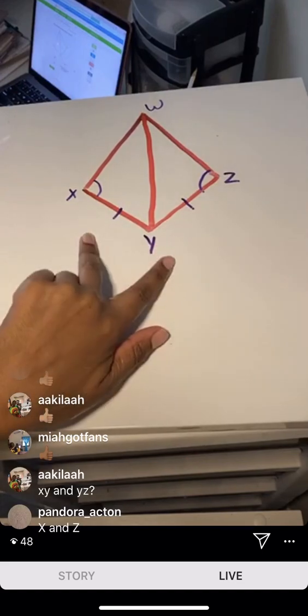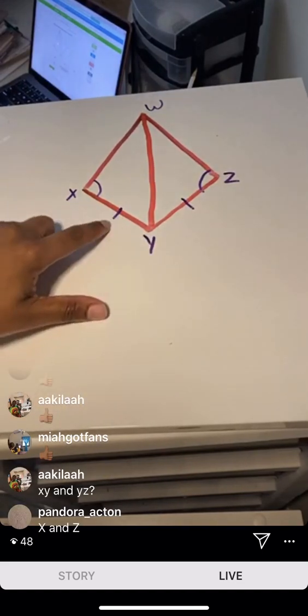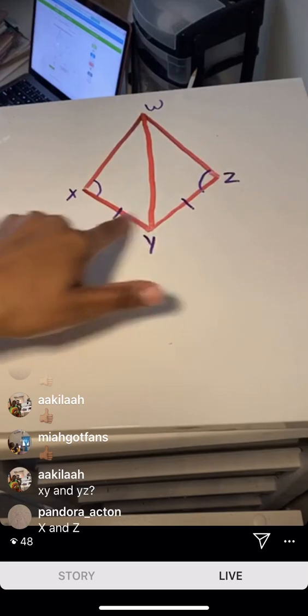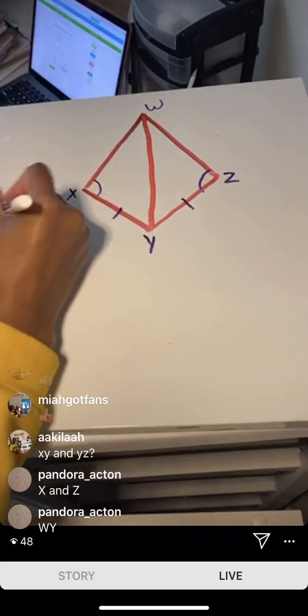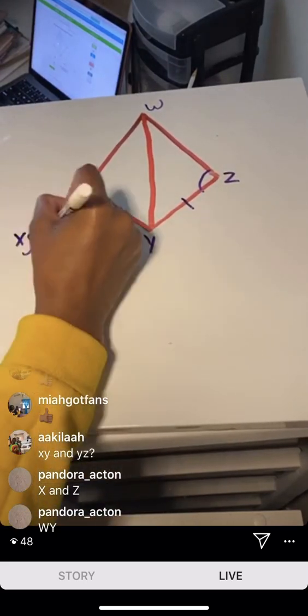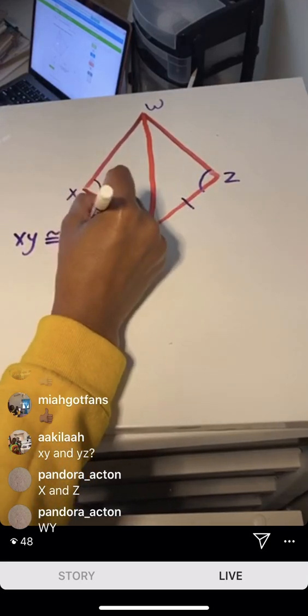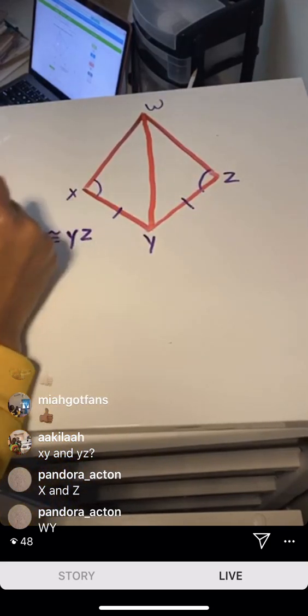Yes, those are congruent. You are correct, Akila, because they have the tick marks. Since they both have 1 on them, that means they're congruent to each other. So I got XY is congruent to YZ. That's a pair of sides.